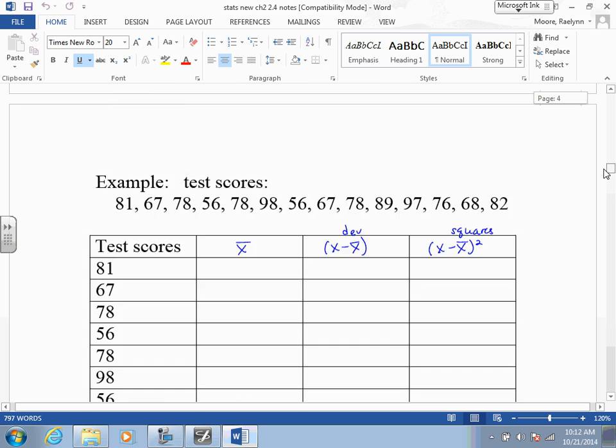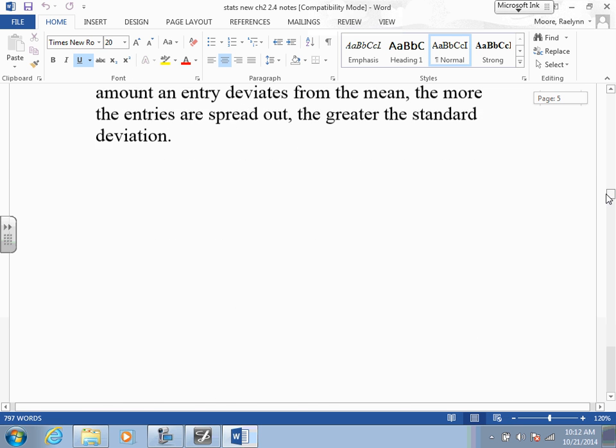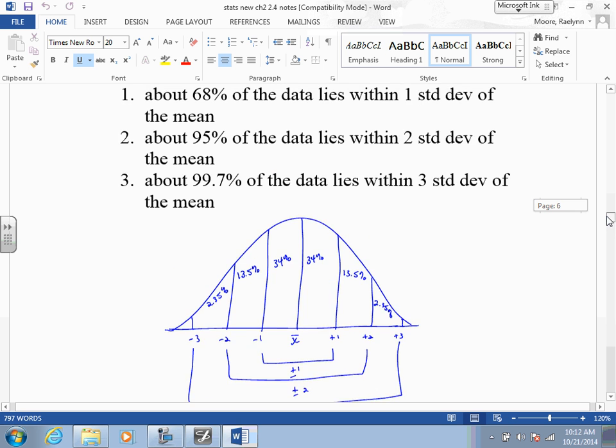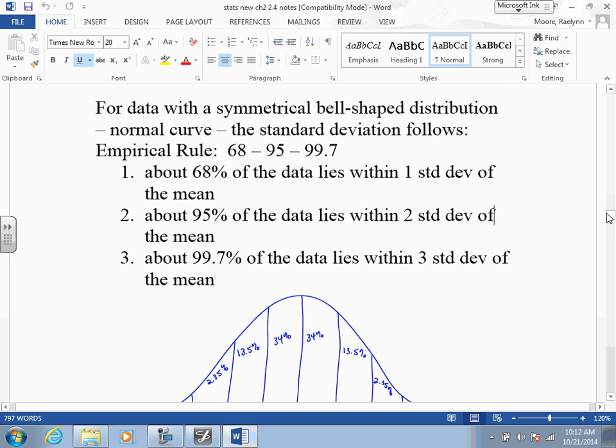The empirical rule is really important, and you did this a little bit in Algebra 2. Remember the chart that you had on your region? Remember that chart that you looked at in your regions and you figured out standard deviations?